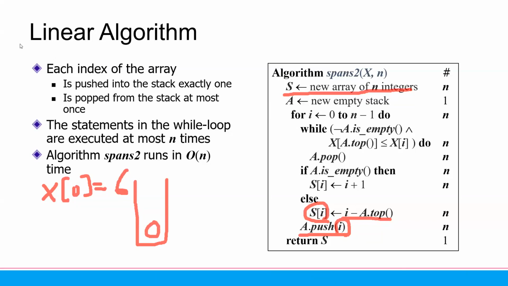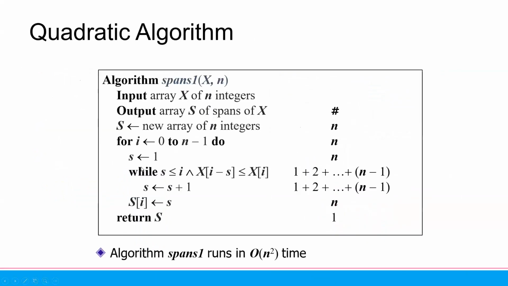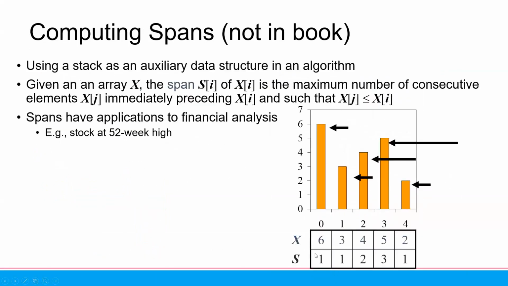That's why we will check again for every index. The index is this one: 0, 1, 2, 3, 4, not the value.